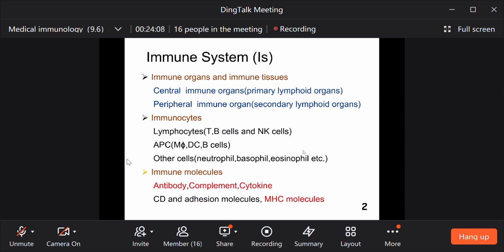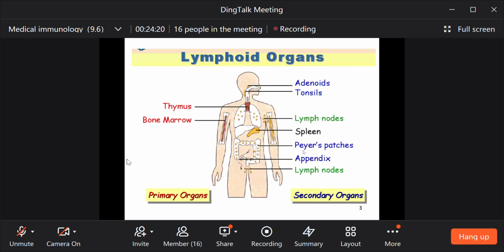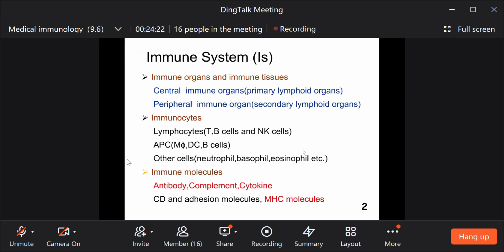So this course will focus on this topic. So today our task is to introduce the immune organs and the immune tissues.